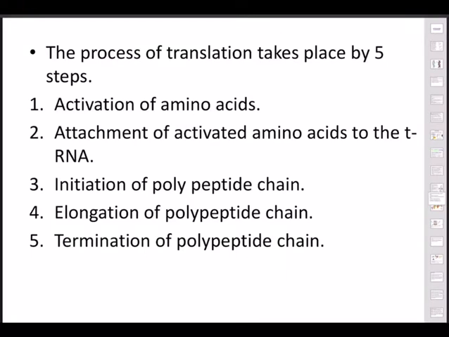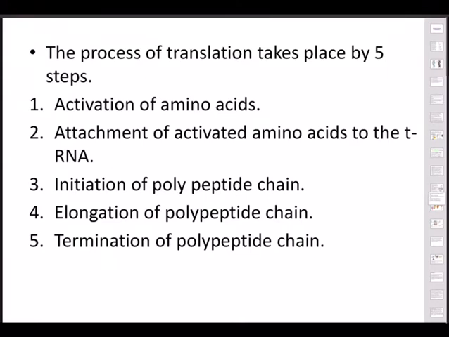Then elongation. Once AUG starts off, then you get a second triplet code, third triplet code, fourth triplet code, so it continues. And as the tRNA starts traveling along with rRNA over the mRNA, you can see the elongation of the polypeptide chain. You have to imagine, I will show you the diagram, it is something like a railway platform. We'll talk about that.